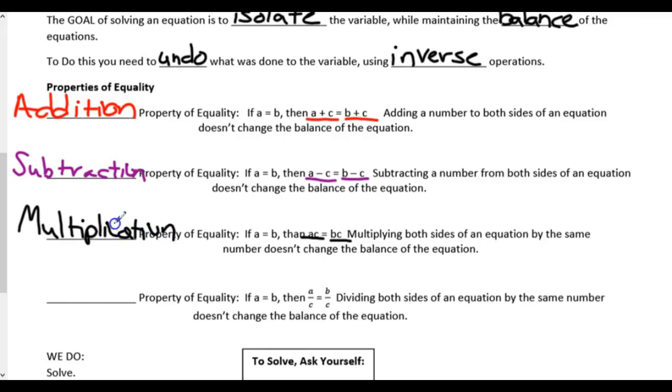Multiplication property of equality means we can multiply by the same number on both sides and it'll still be balanced. And last but not least, if we divide by the same number on both sides of the equation, then we won't change the balance either. And that's our division property.